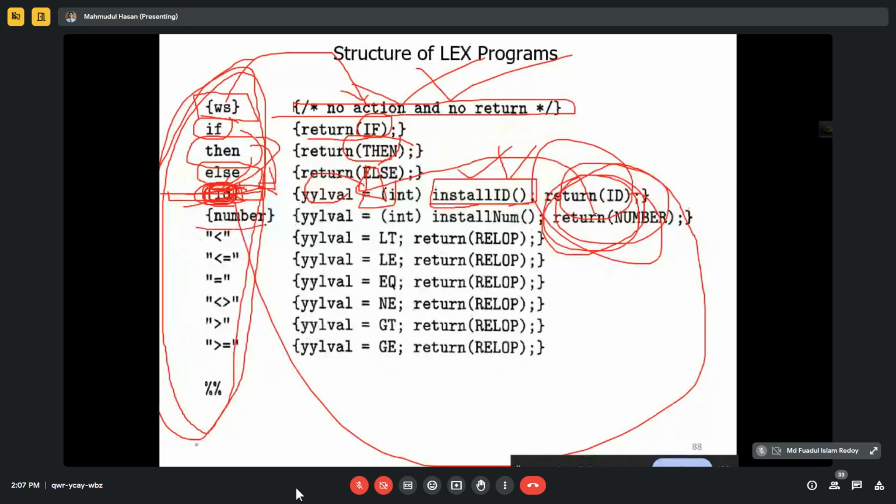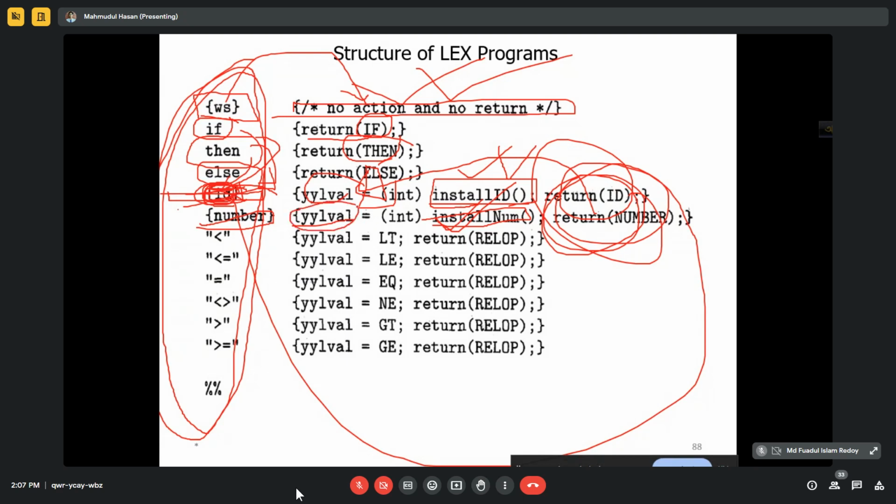In the same way, for number there is yylval and another function, and for number the symbol table is different. For identifier the symbol table is one, and for number the symbol table is another one. So for number another function is used to get the attribute value of number, that is installNum, and the return value is stored to yylval.